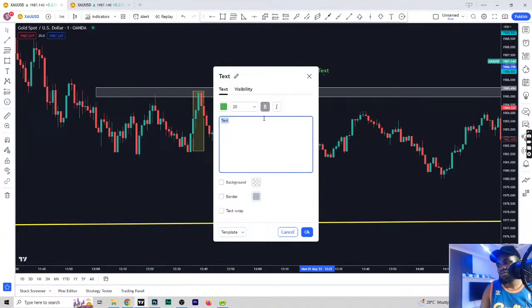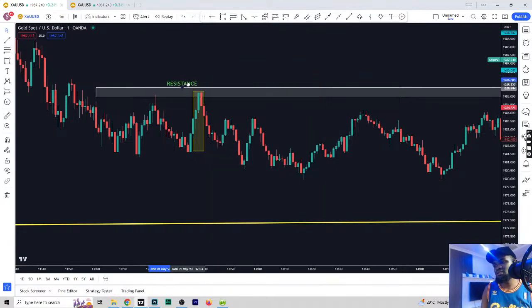Okay, this is the resistance zone, so you take a sell here. After taking the sell, you scalp short. You are scalping short, and you go half of this stuff.